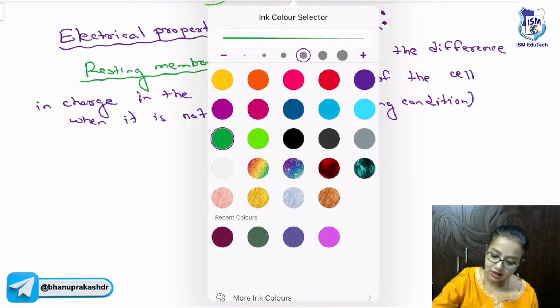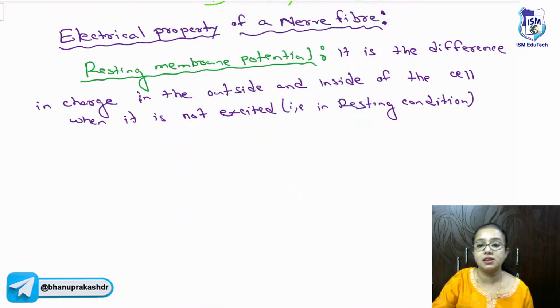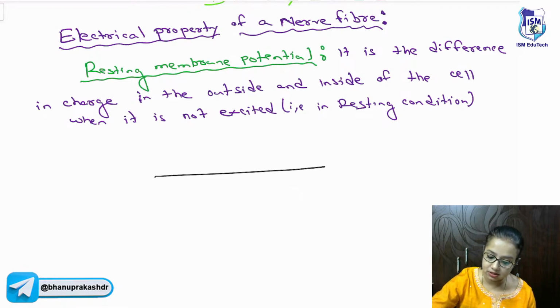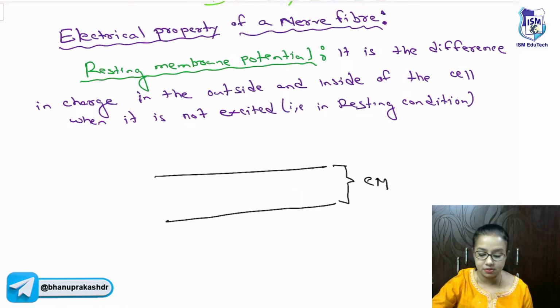We have studied that the cationic and anionic composition of the ECF and ICF is the same, but the quantities vary largely. Say this is a cell membrane of a nerve fiber.